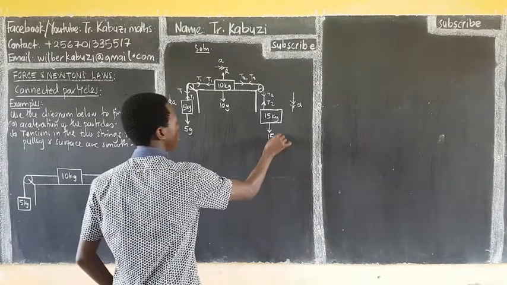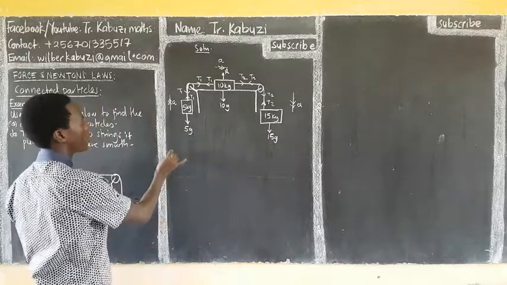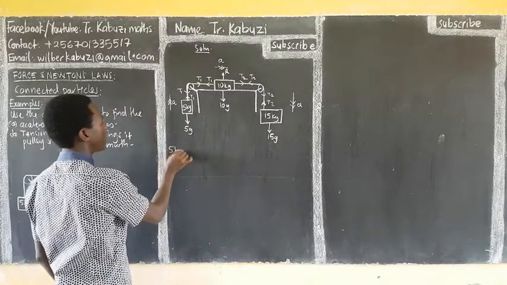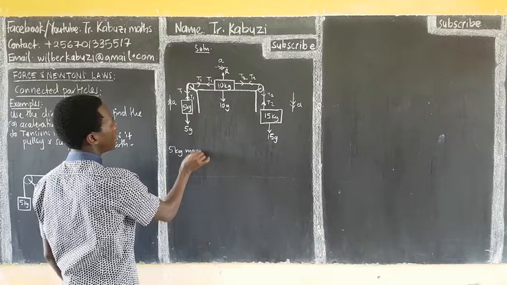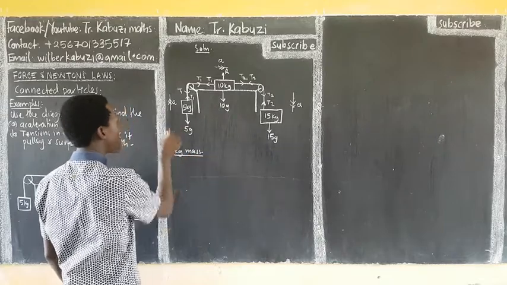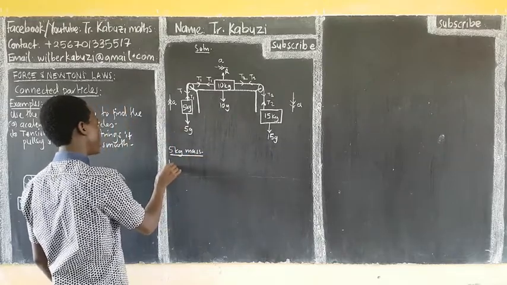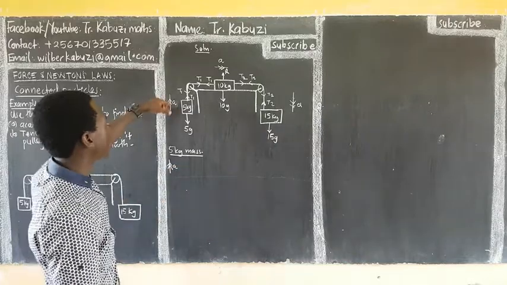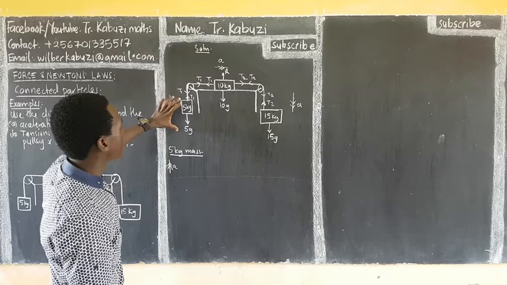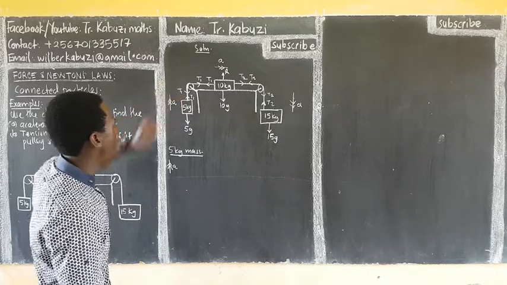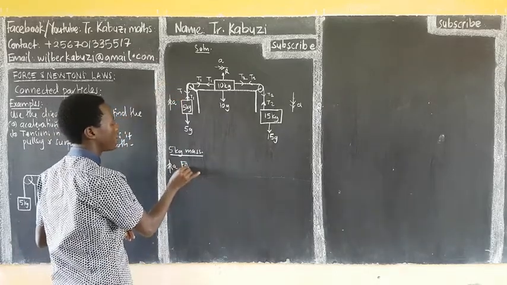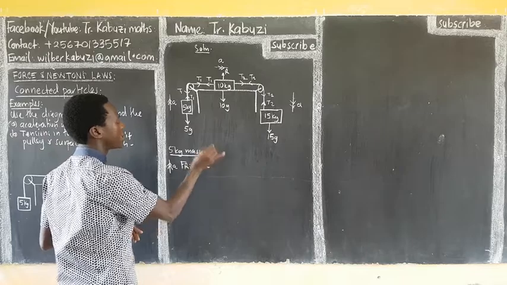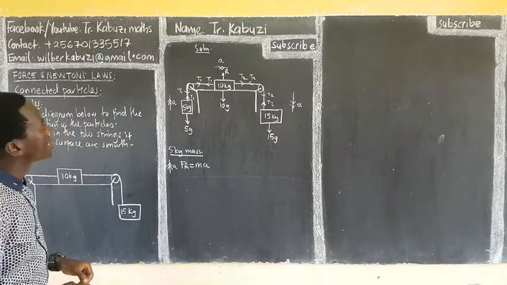Now to get the acceleration, of course we start with the 5 kilogram mass. What do we have there? We start with the direction of the acceleration. The acceleration is in that direction. Now what is pulling in that direction? What pulls this body up there? We have now that our resultant force is equal to mass times acceleration in Newton's second law.